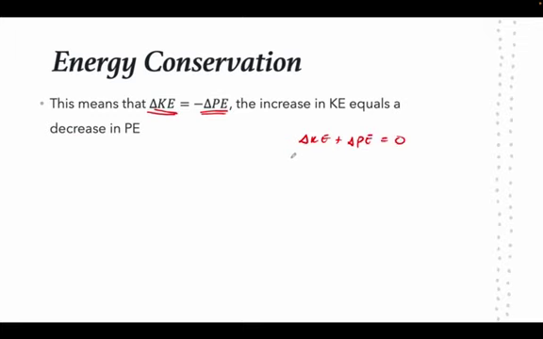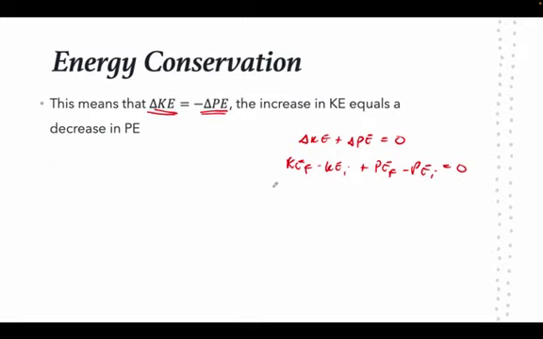Now, how do we find the change in kinetic energy? Final kinetic energy minus initial kinetic energy plus final potential energy minus initial potential energy would be equal to zero.